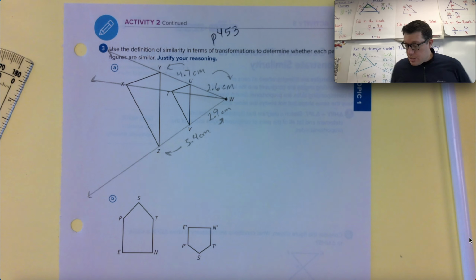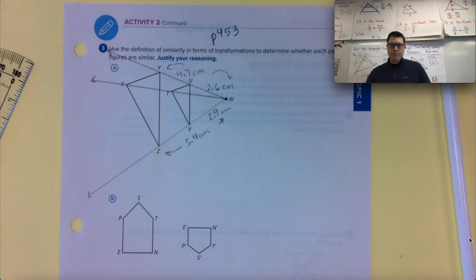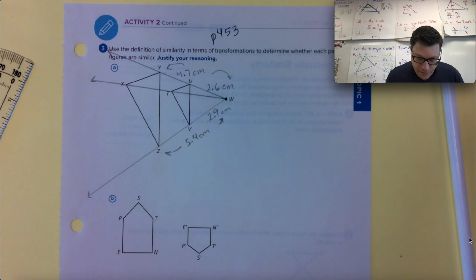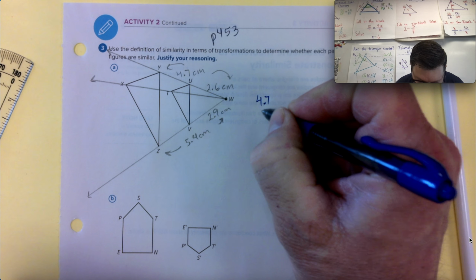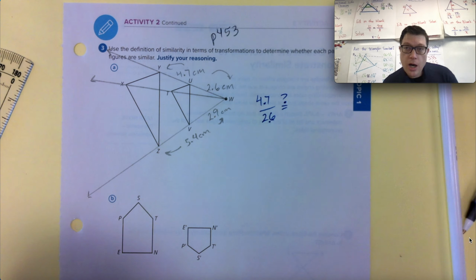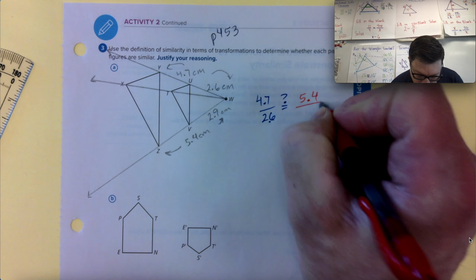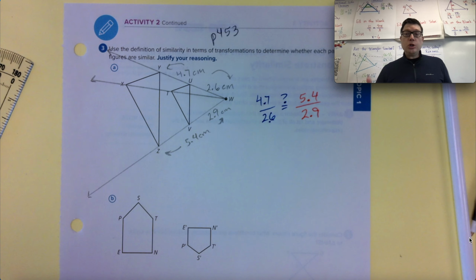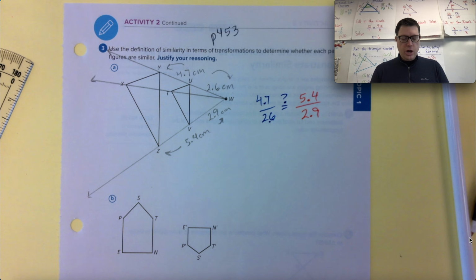So what I need to do is figure out whether or not the division of the fraction 4.7 divided by 2.6 equals the other fraction created by those sides, the big number divided by the small number. And if we're close, then it's just my estimation, my measuring skills that are in question, and not specifically whether or not the figures are similar or not.